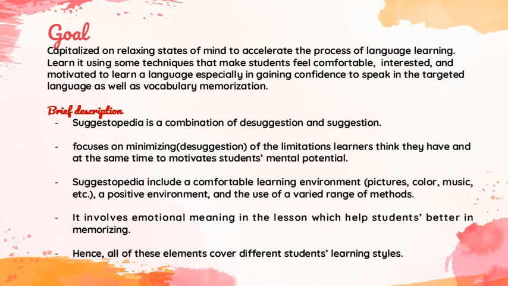Besides, some of the key features of Suggestopedia include a comfortable learning environment, like pictures, color, music, dim light in the class, etc. And also a positive environment and the use of a varied range of methods like drama, music, meaningful text, active participation in songs and games, and many more.